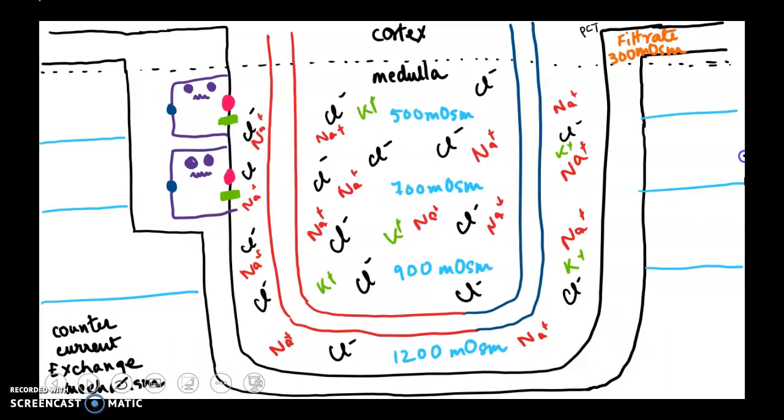This is the descending limb. Then this is the ascending limb, right? This is descending limb. This is all ascending limb. This is distal convoluted tubule, right? And then we also see the vasa recta. So now, filtrate is going this way.